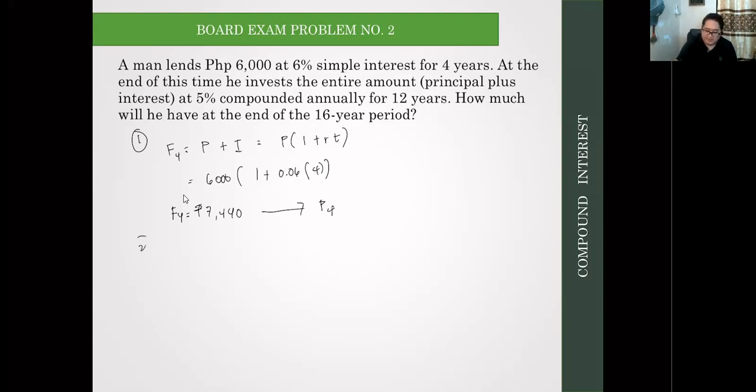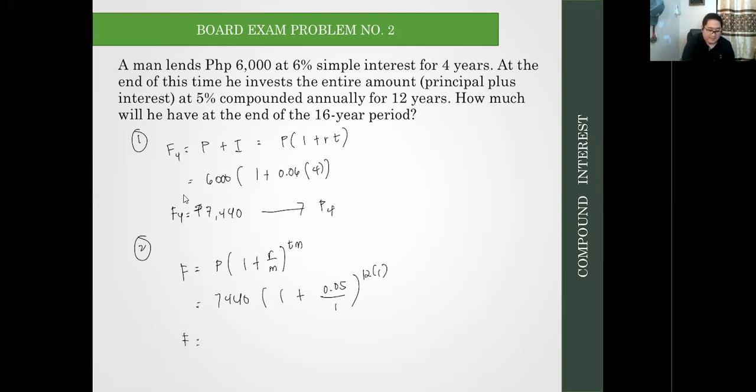So, doon sa pangalawang condition, pinapahanap is yung future value niya kapag na-reinvest na niya. Pero ang formula natin will be 1 plus R over M raised to TM na tayo. So, yung present value dito will be yung 7,440 times 1 plus yung rate niya is 5% pero annually siya. So, 1 tayo dito. Then, for 12 years siya. Okay?